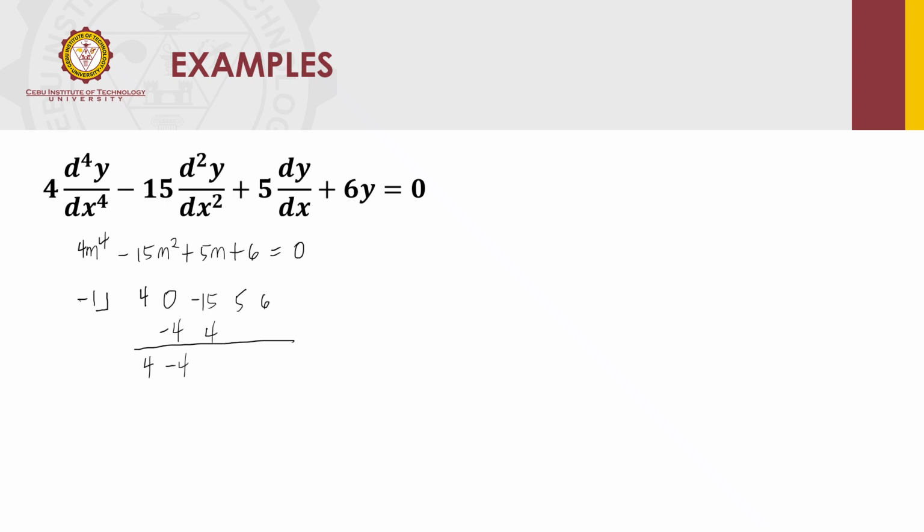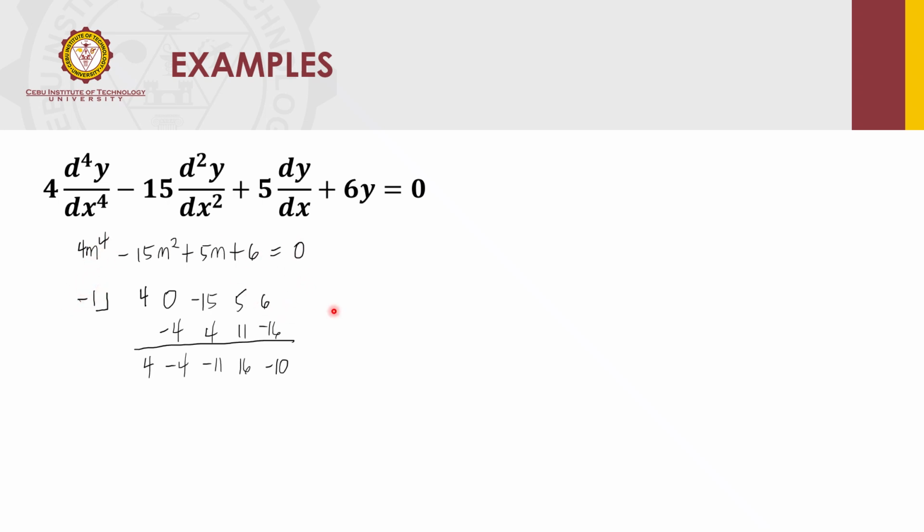This is negative 11, positive 11, negative 16. The remainder here, the difference between 6 and negative 16, is the remainder after you divide this auxiliary equation by m plus 1. The remainder is not 0, so m equals negative 1 is not a root of this auxiliary equation.